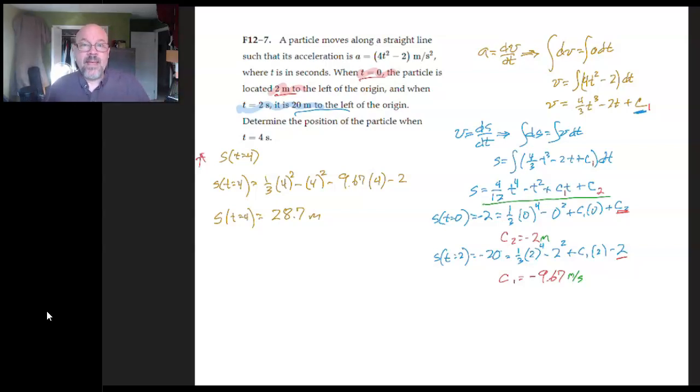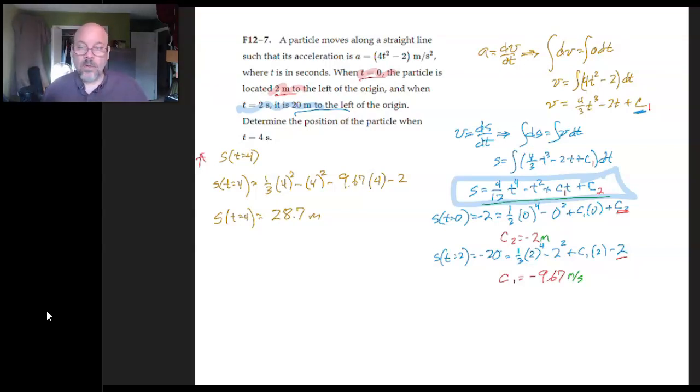That means we can expect to have to do two integrations. If we did two integrations and they didn't give us two sets of initial conditions, then we'd be stuck with this form right here, and we couldn't get an actual number for our answer. We would just have a weird algebraic expression with C1 and C2.